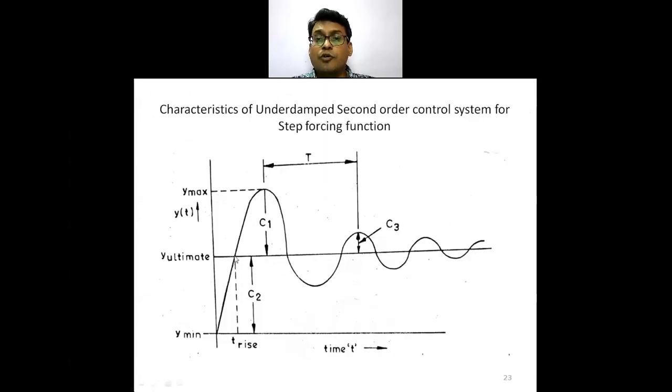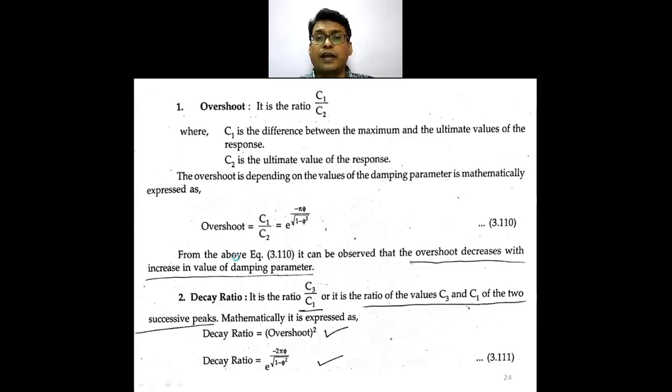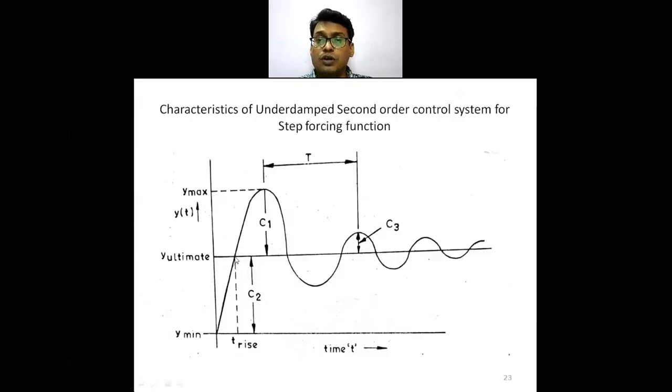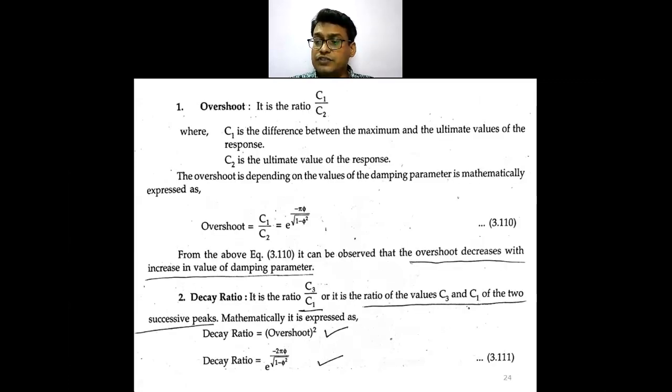Rise time is for the first time when it reaches the ultimate value. First time when it reaches the ultimate value, that is the T rise. So when this C2 value is achieved, that is your T rise value.